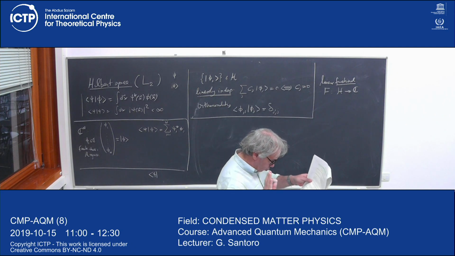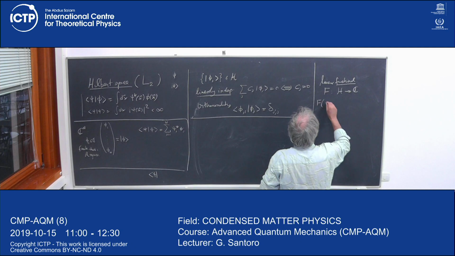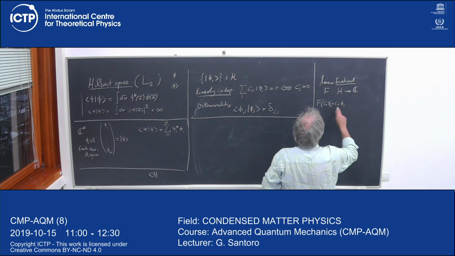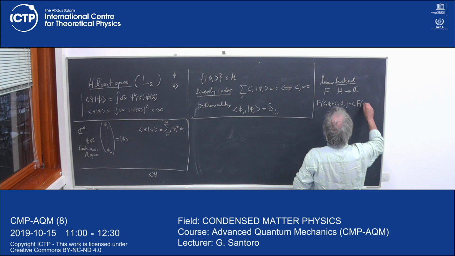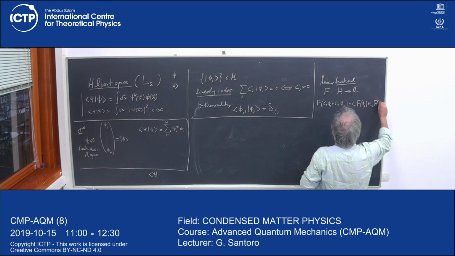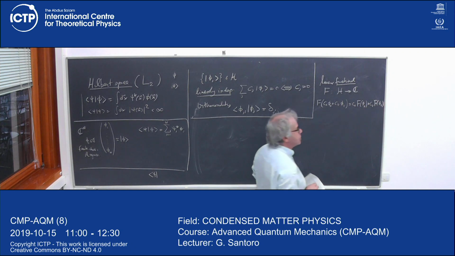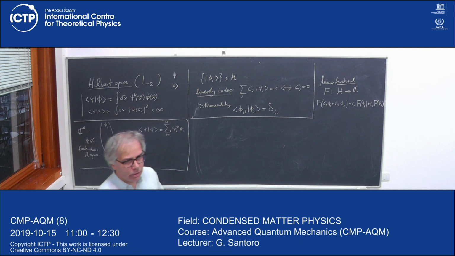And I want it to be linear, which means that if I take f and apply it to a combination of two elements, the result is c1 f(phi1) plus c2 f(phi2). This is by definition a linear functional on the Hilbert space.